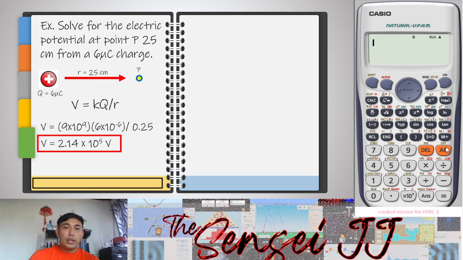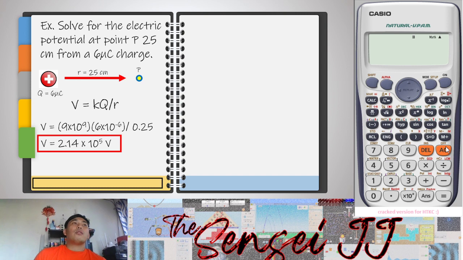Okay, so how did we arrive on this answer? We have our formula, or constant of K of 9 times 10 raised to 9 multiplied to our charge of 6 times 10 raised to negative 6 all over 0.25. So we will arrive at the answer of 2.14.